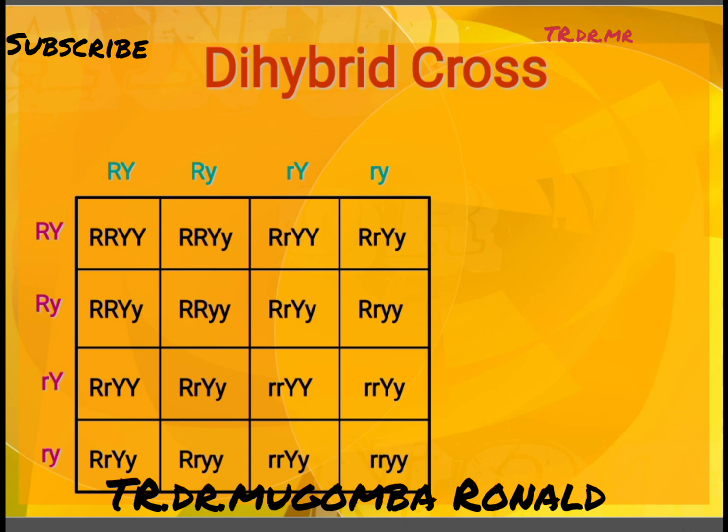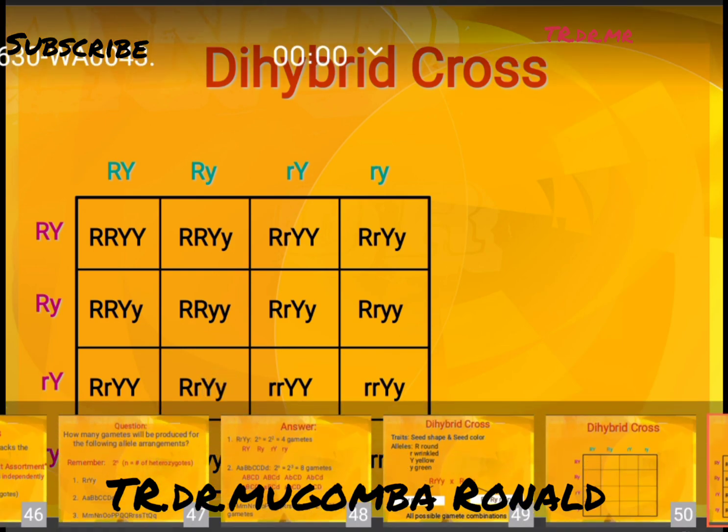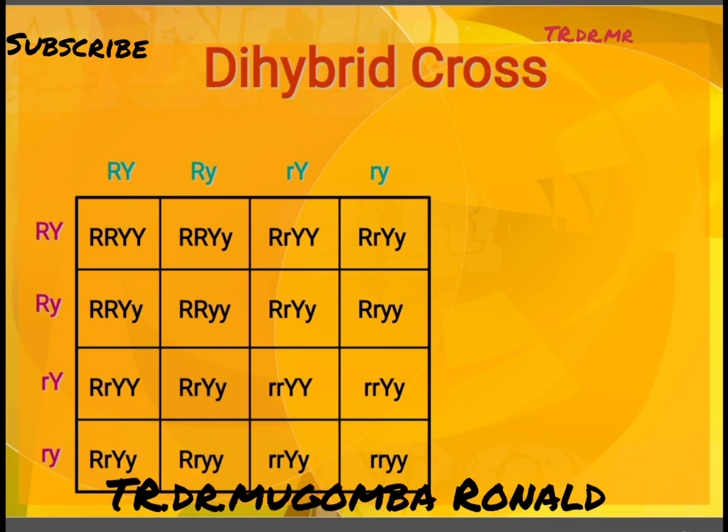Are you sure there are 10? Let's count together. You say we have 1 here, we have 2, we have 3, 4, 5, 6, 7, 8, and 9. Yes, there are 9.